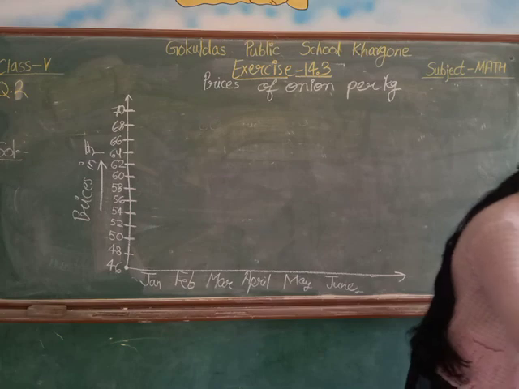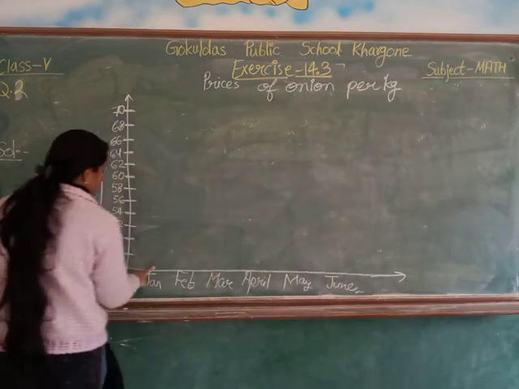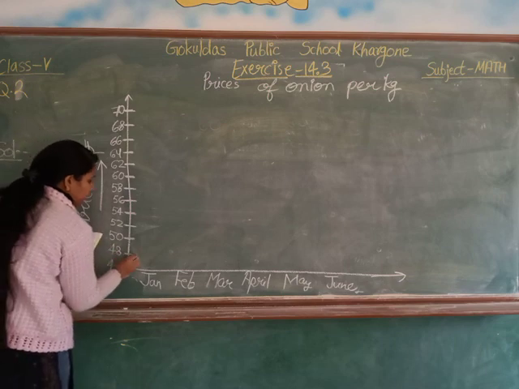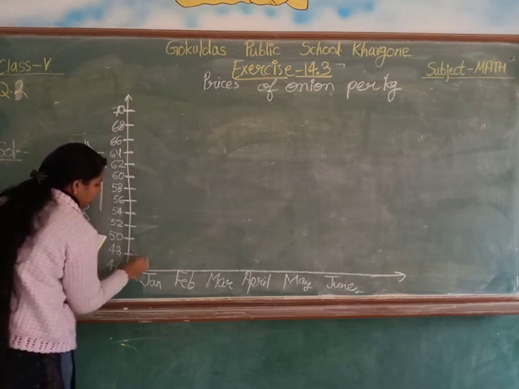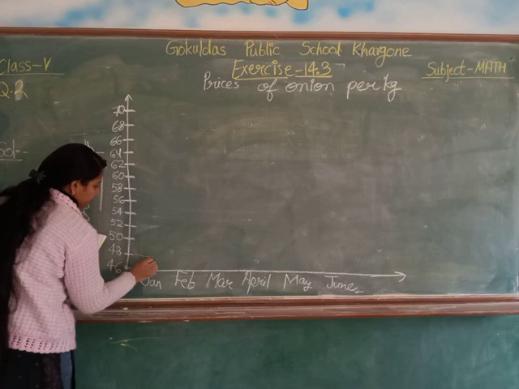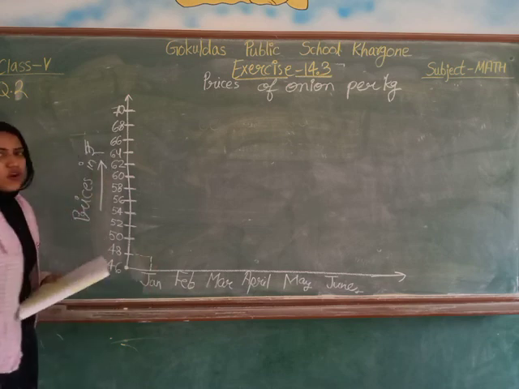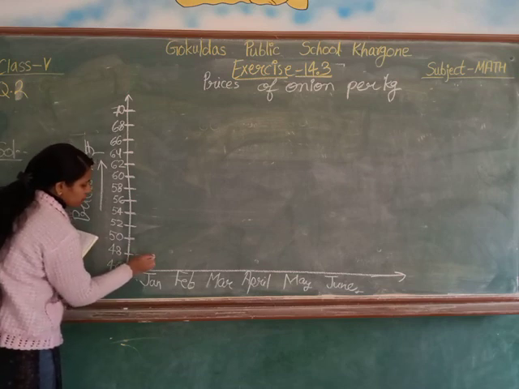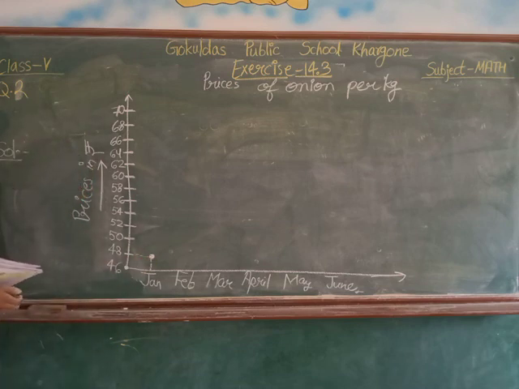Now, in January, what was the price of onion? In January, the price was 48. So draw a dotted line from 48 till January, and here draw a vertical line. You get an intersection point of these two lines, so draw a point here.